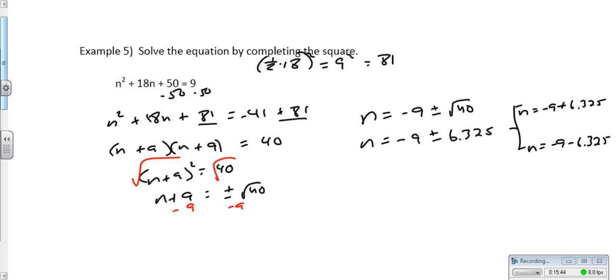If I do that, I get negative 9 plus 6.325, negative 2.675. And if I take negative 9 minus 6.325, I get negative 15.325. So an approximation in this case, but that is our answer, and we're done by completing the square. And this ends lesson 8.5, part A.